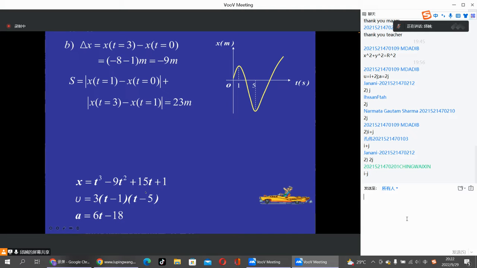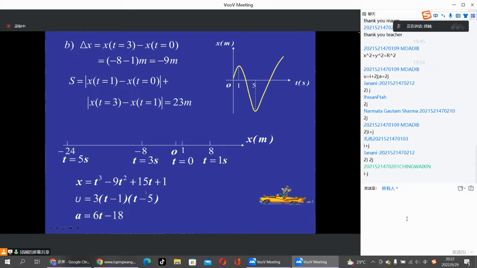what? The distance should be 2 parts, because at t equals 1, it turns around.